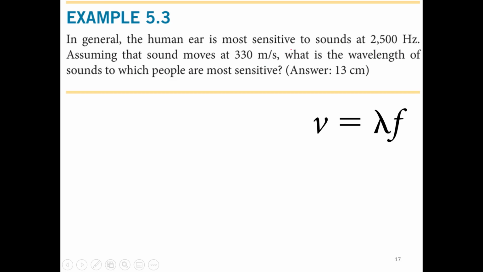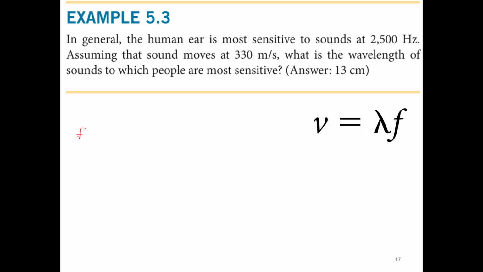If we assume at this frequency the sound moves at this speed, then we want to know what is the wavelength of this sound. Then let's see the information we had.